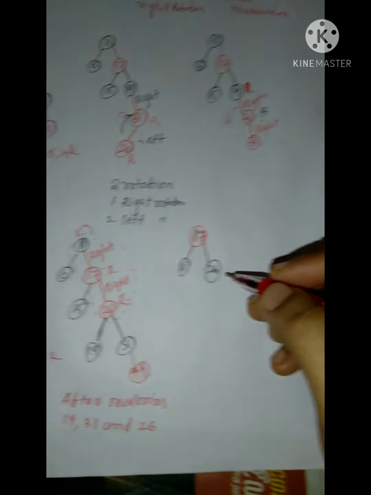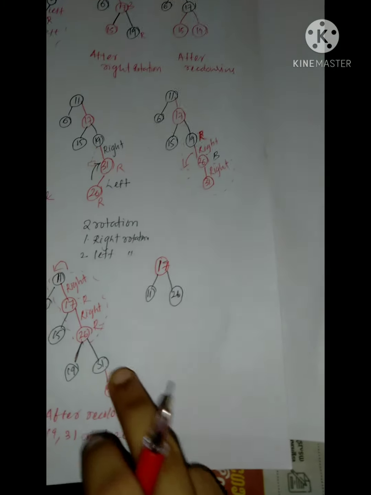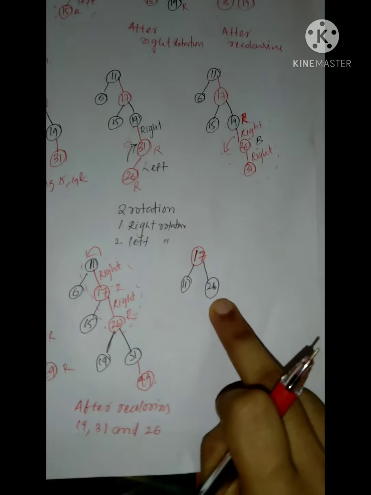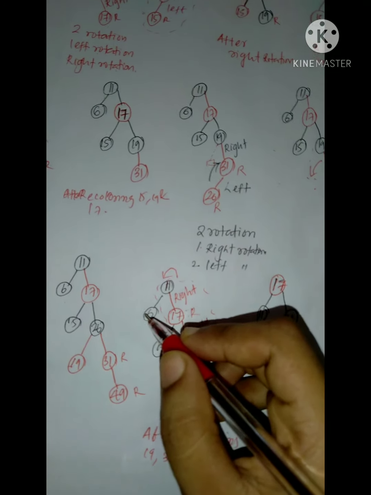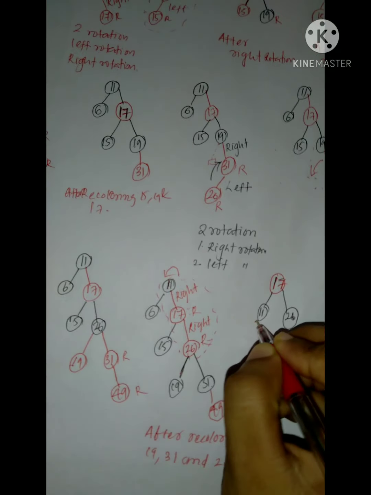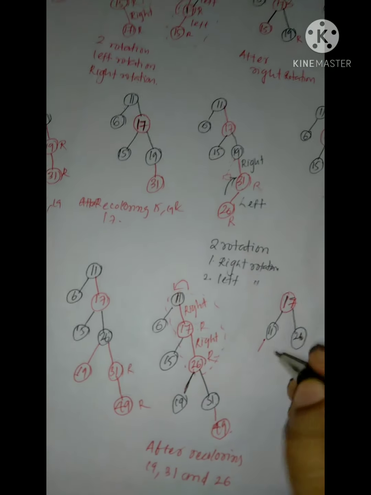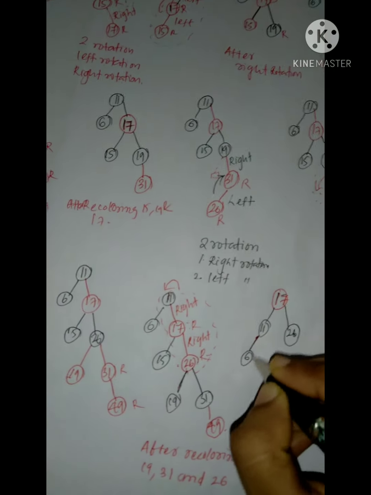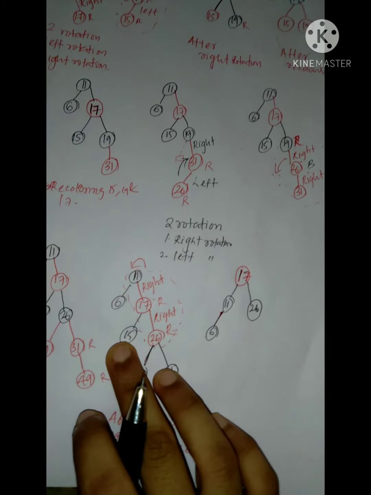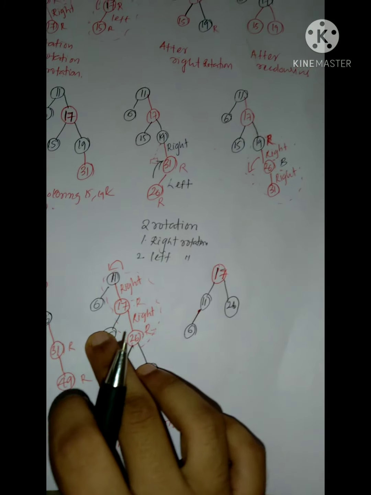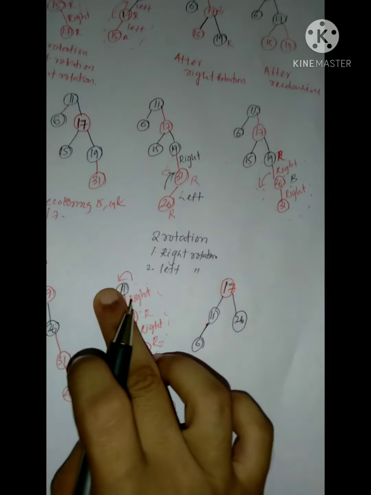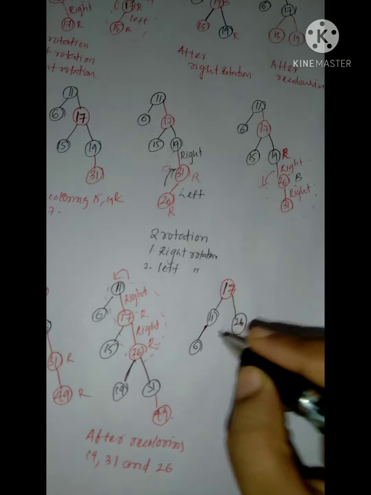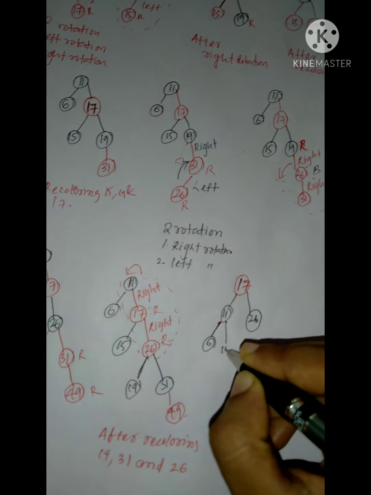Then you want to arrange 6, 15, 19, 31 and 45 in this tree. You can see that 6 is left of 11. So 6 will come left of 11. Okay, and 15 is also left of 17 and that will be greater than 11, so its position will come here.